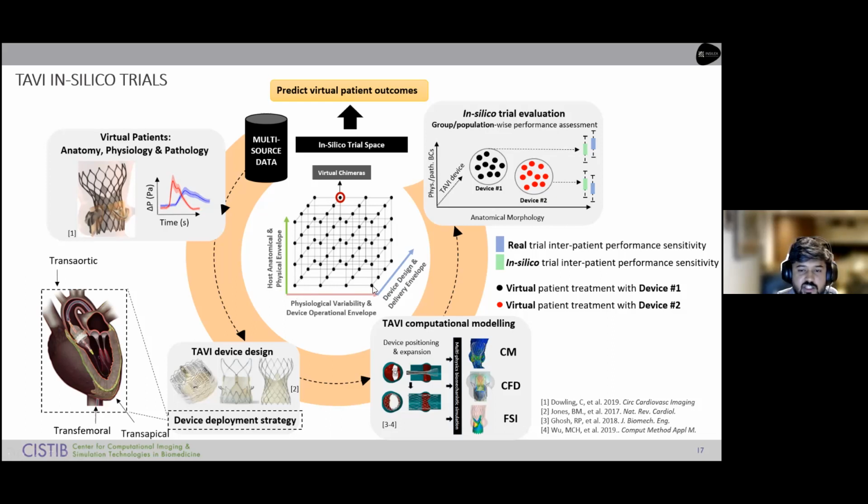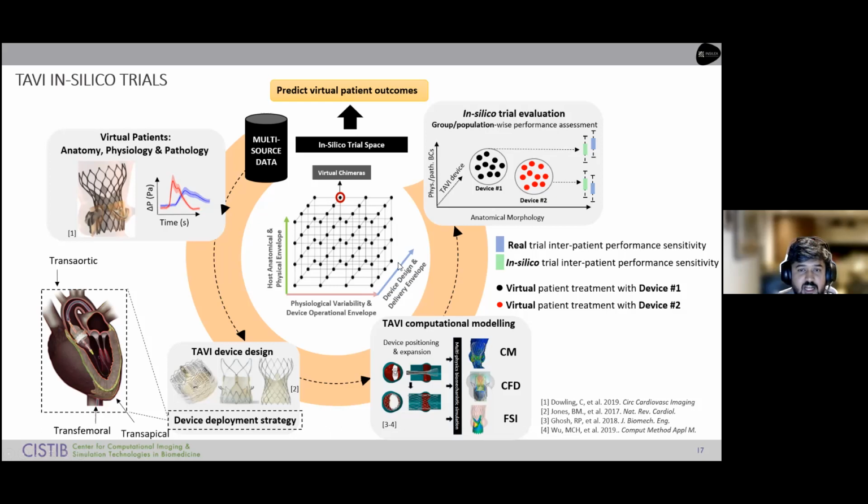So if you consider just a single dot here, this single dot in the bottom right corner of this grid, to represent one virtual patient, an in silico trial would actually provide you the ability to look at how this patient responds to a variety of different devices used to treat their particular disease, or in this case, to treat aortic valve stenosis.